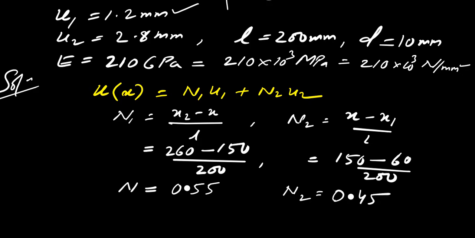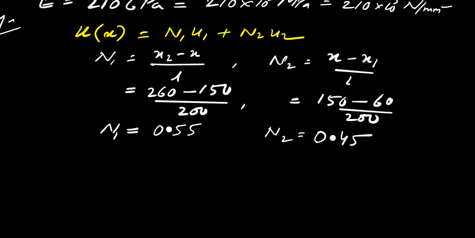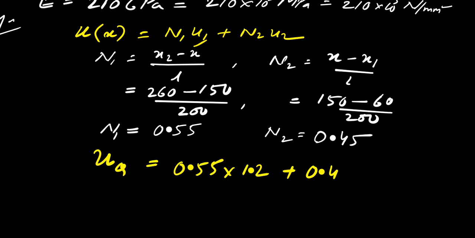Okay, now we need to calculate the displacement at point Q. We'll write it as UQ, the displacement at point Q. So the equation is n1 into u1, where n1 we just calculated as 0.55, and u1 value is 1.2, which is given in the question, plus n2 is 0.45 and u2 value is 2.8, this is also given in the question.